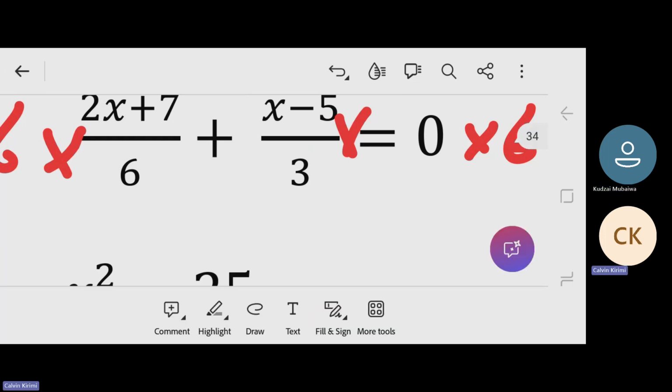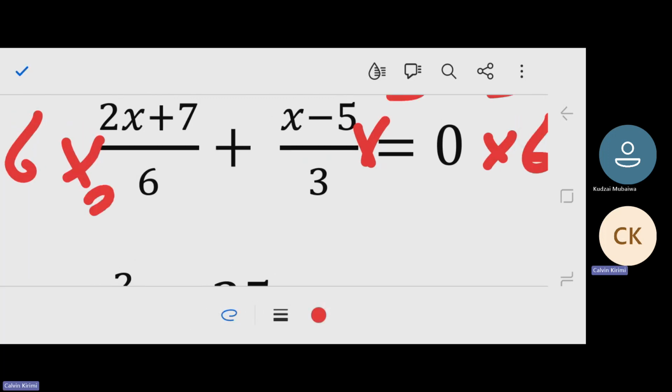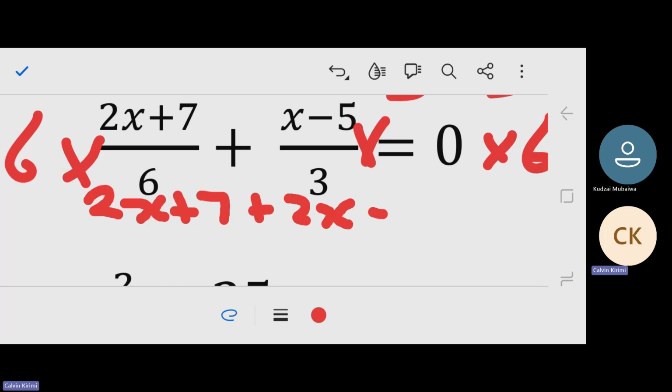So if you multiply by 6 on both sides, you are going to be left with 2x plus 7 plus 2x minus 10 is equal to 0. You agree? Yes, sir, because of the 2 on top.